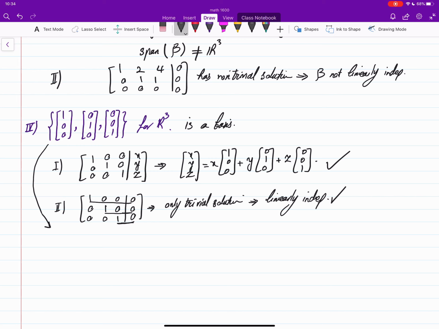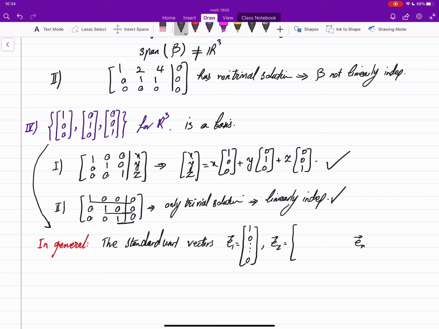So let me write it as a remark. In general, the set, you remember, we call the standard unit vectors, E1, E2 up to En. What are these? Well, E1 is the one which has 1 at the first component, everything else is 0.